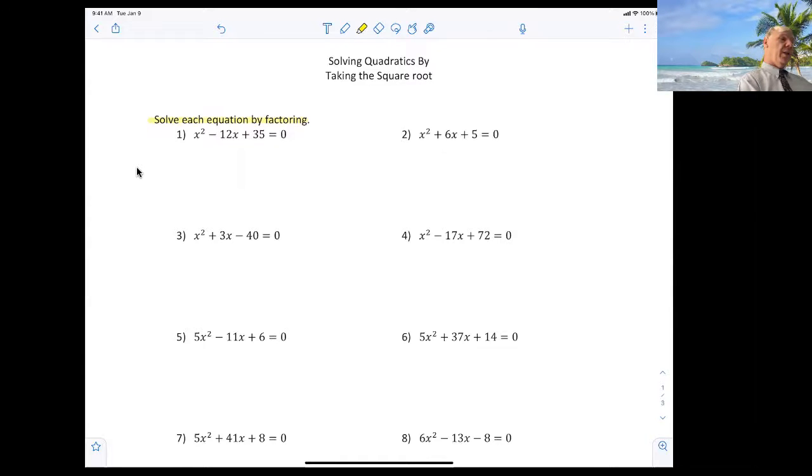Everyone in here should be able to confidently tell me what this factors to. Go. X minus 7, x minus 5. Wow, does that feel great? X minus 7 times x minus 5. Now, if you're looking at that going, man, I know I should know that, but I don't, you're welcome to raise your hand and say, come on, just show me. Anybody have any problems with that?